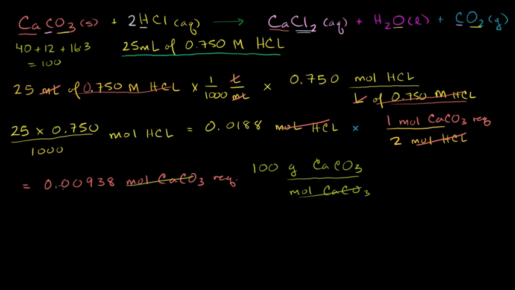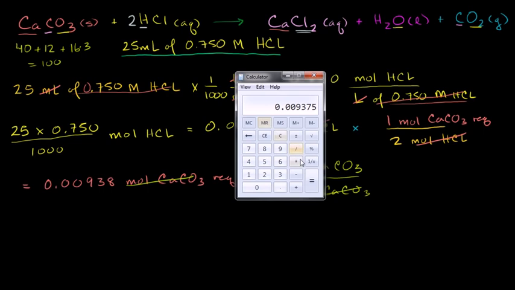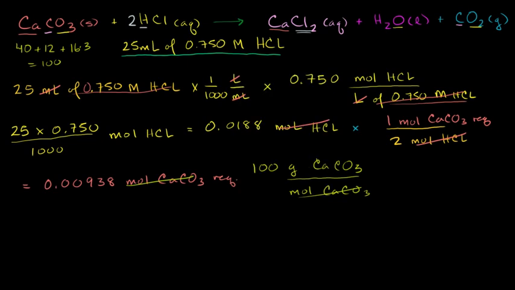So we essentially just have to multiply this thing times 100. So times 100 is equal to, and we had rounded it, so it's 0.938. So let me write that, 0.938. So it equals 0.938 grams of calcium carbonate.